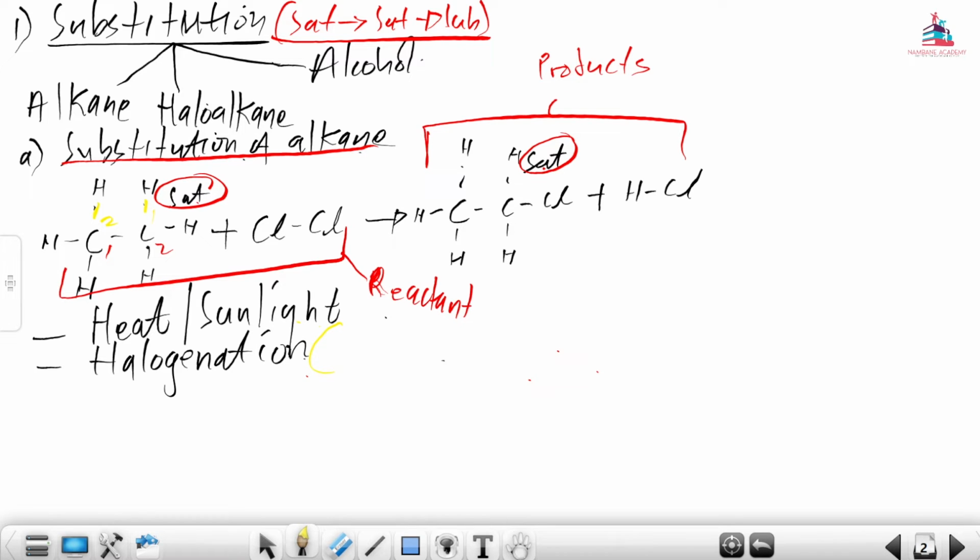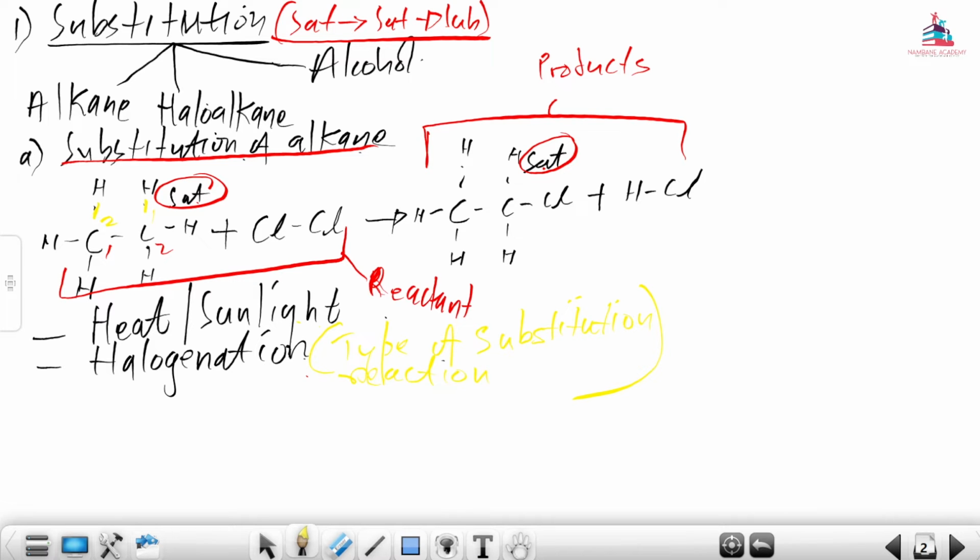Halogenation is the type of substitution reaction.